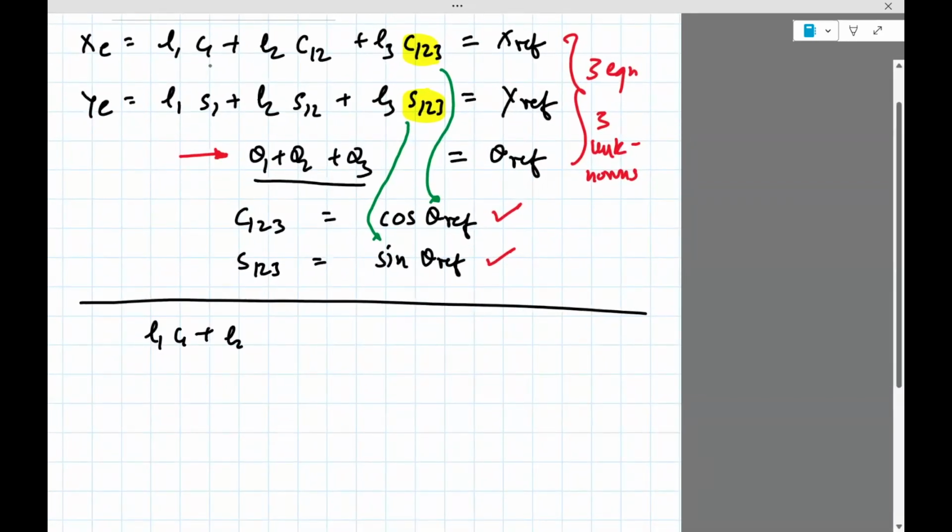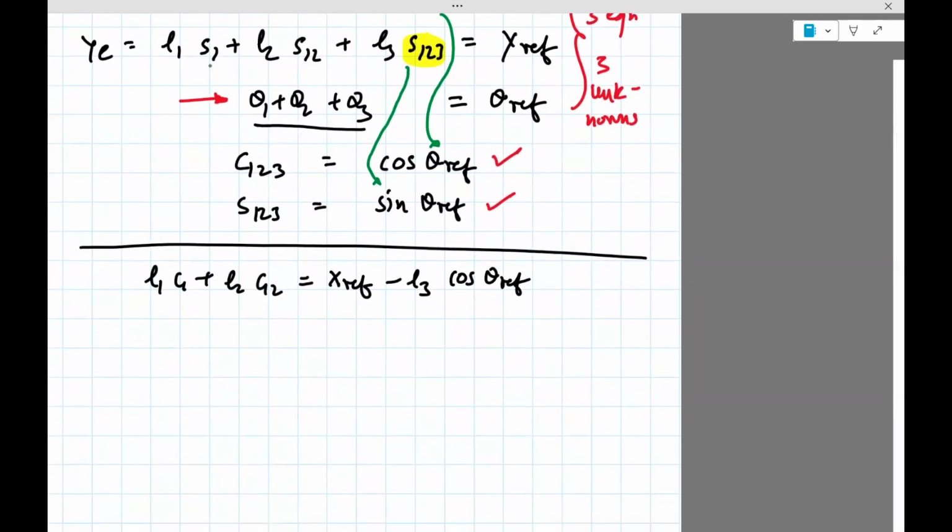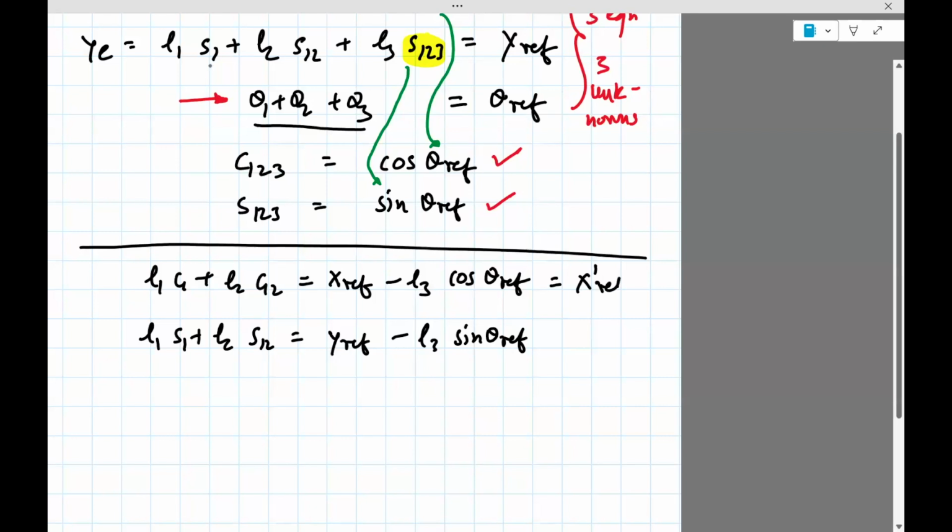L1 C1 plus L2 C12 equals x_ref minus L3 cosine theta ref. Everything on the right side is known. L1 S1 plus L2 S12 equals y_ref minus L3 sine theta ref. I just don't want to carry this big variable, so let's just call that x prime ref, y prime ref.